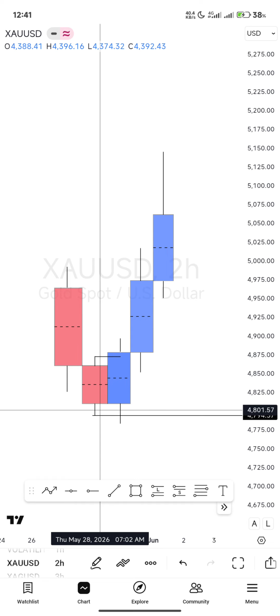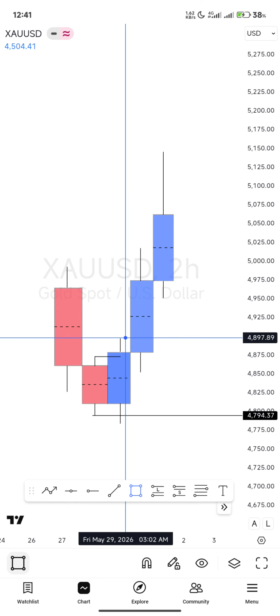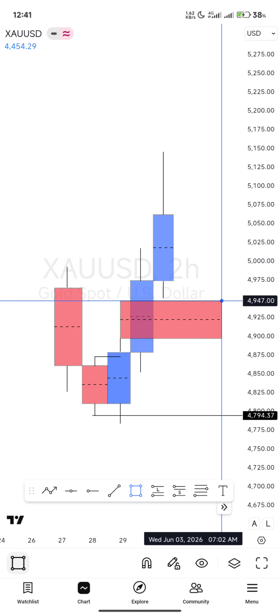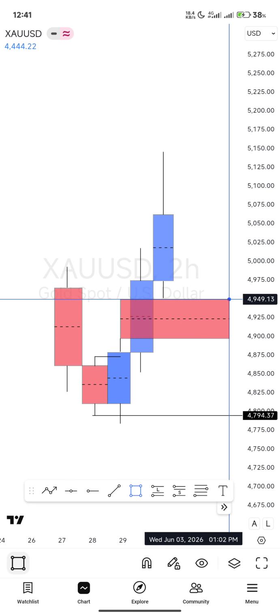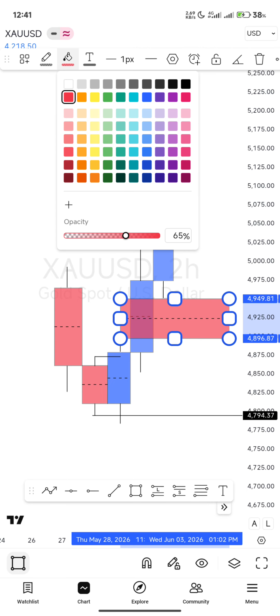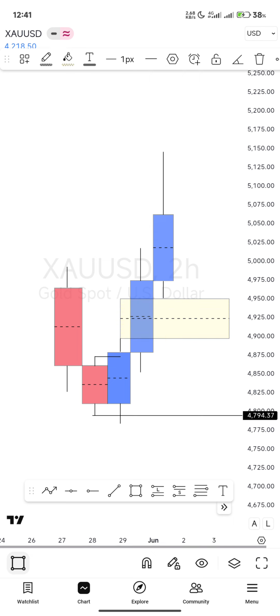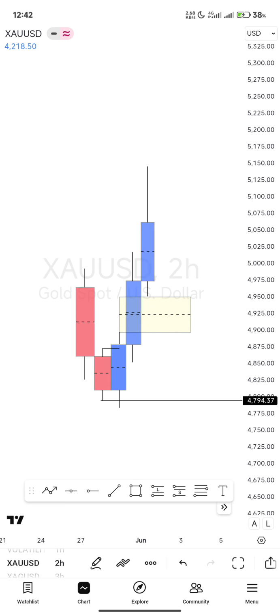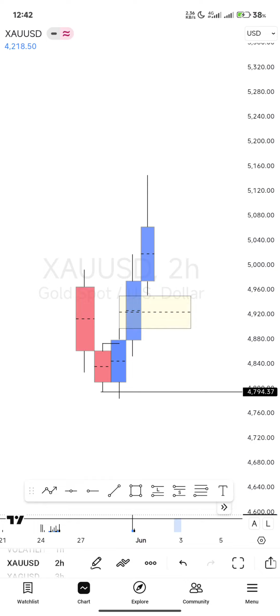And number three, we want to see a fair value gap. So this is a fair value gap. These are the three things to look out for to identify an order block.